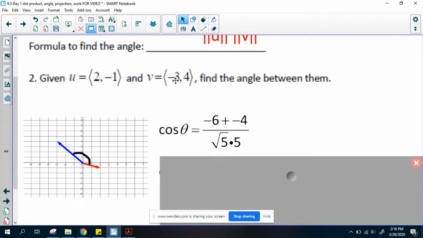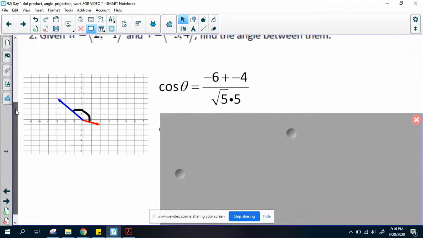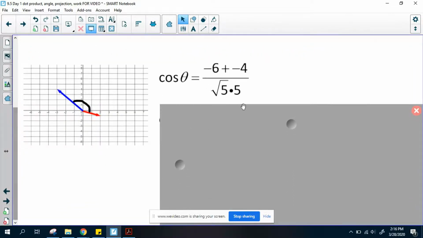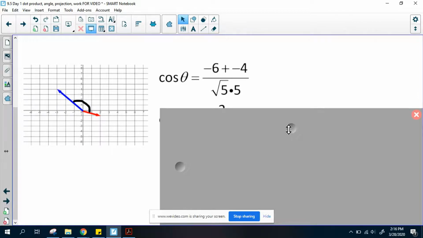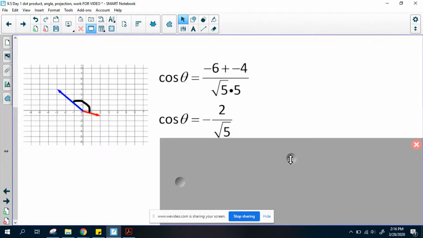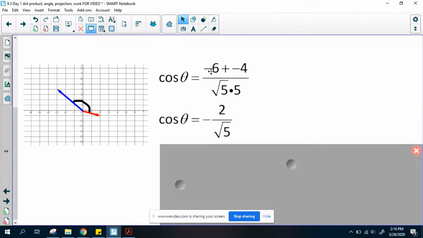This is a 3, 4, 5 triangle, giving 5, and the other is the square root of 5. Now, this whole chapter is calculator, so you will need your calculator, and you will want to be in degrees, not radians. We had -6 plus -4 is -10, and then we divided by 5 to get -2.